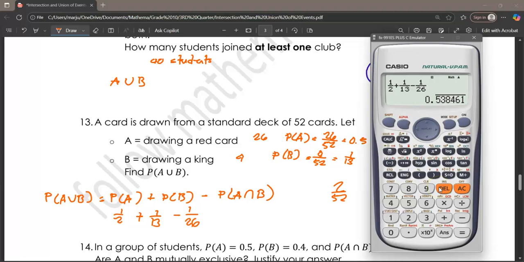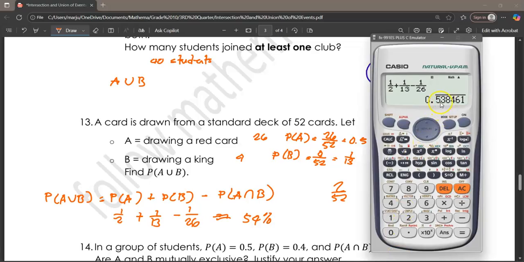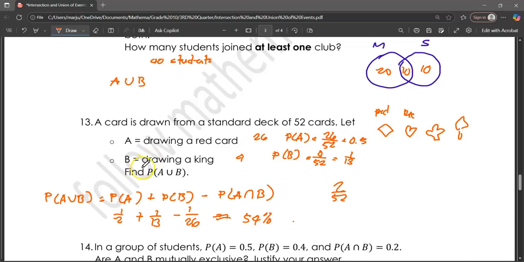So that will be again our answer. Tama ba ako? Yeah, that's 0.538. So the probability of A union B is just 54%.